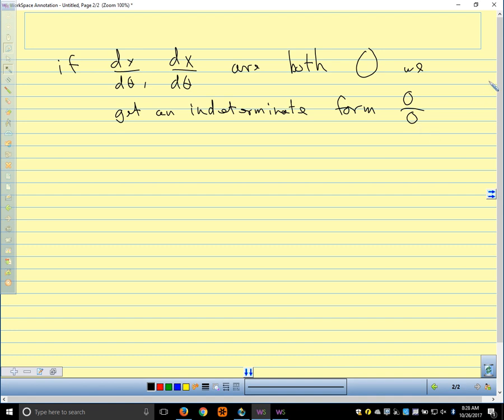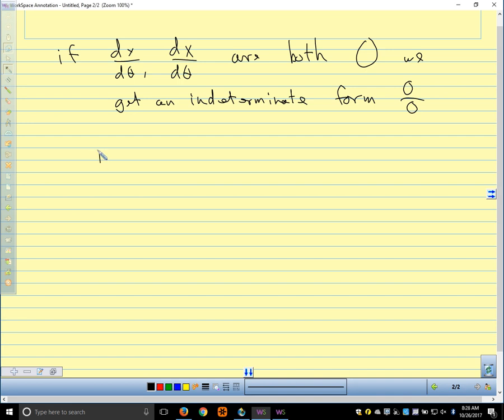If r of theta equals 0, so where are we if r of theta equals 0? We're at the pole. So r of theta is 0. This is the pole.